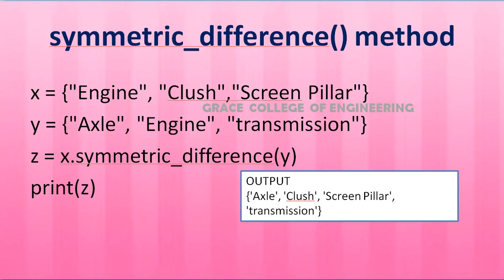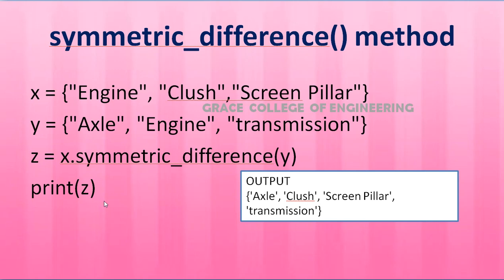Next one, the symmetric_difference method. This method will return a new set that contains only the elements that are not present in both the sets. So let's see the program. The x variable stores multiple items, that is engine, clutch, screen pillar, and the y variable stores axle, engine, transmission. z is equal to x.symmetric_difference(y).